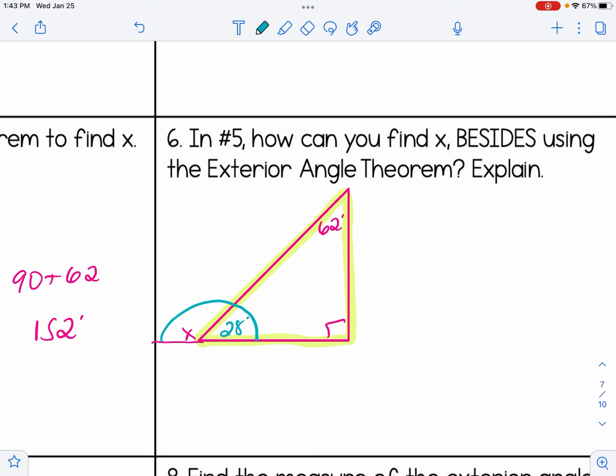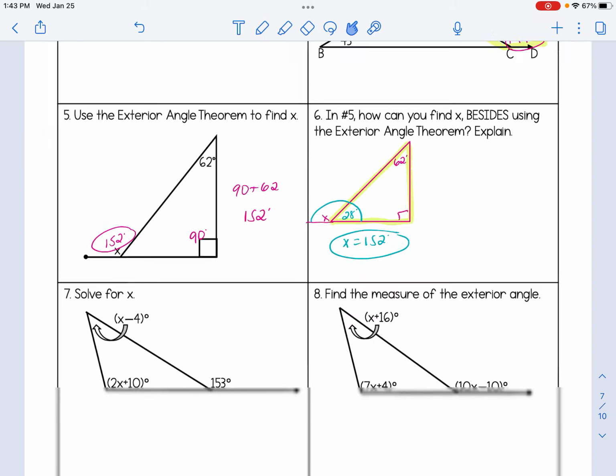Then use this linear pair and know that they're supplementary, and we could get x is 152 using this method as well. So this method with supplementary angles and the interior angle sum works really well on just numerical problems, ones that don't have longer algebraic terms.